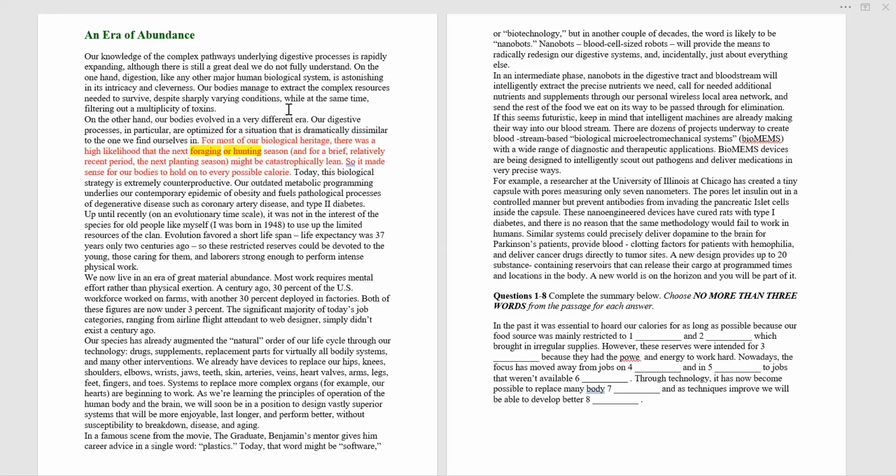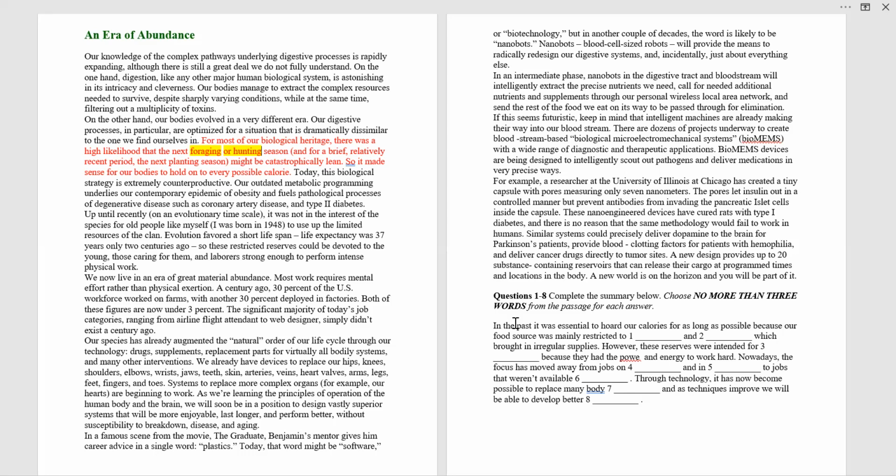It says that these reserves were intended for maybe something or someone because they had power. So that is normally referred to a group of people, right? So it is telling us some noun, maybe it can be our answer. I'm not sure at this moment, but the sentence itself tells you a lot about the answer.